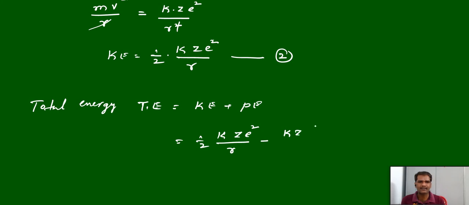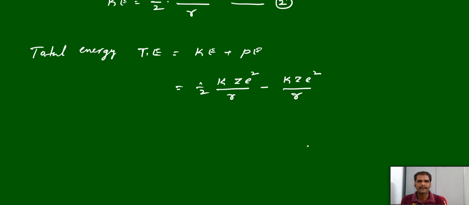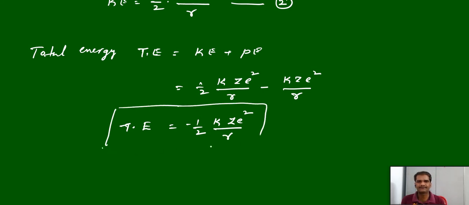Minus K Z E square by R. From this we will get the total energy is equal to minus 1 by 2 K Z E square by R. And this is the total energy value.